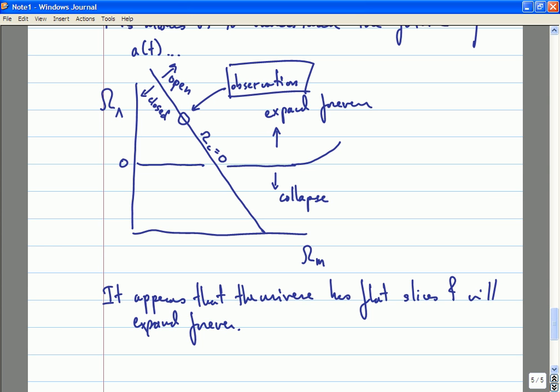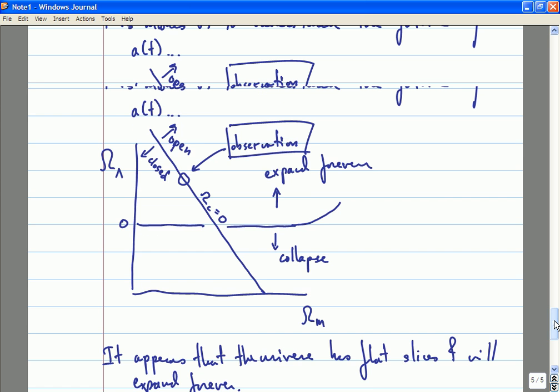I should mention, however, that my statements about the future of the universe have relied on a very particular assumption. They relied on the assumption that the matter density present was a perfect fluid with this P equals W rho equation of state. So we're not entirely confident that that is the correct model for the matter density in the universe.